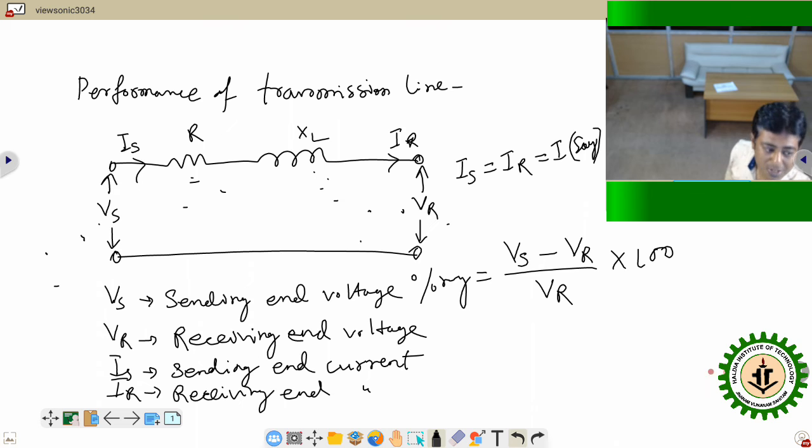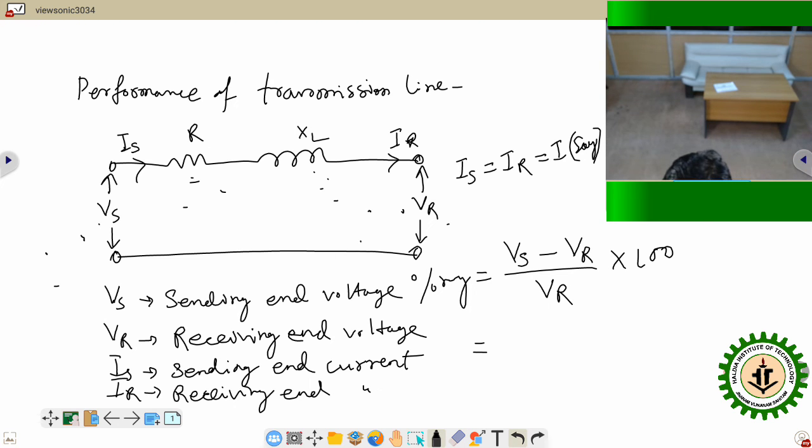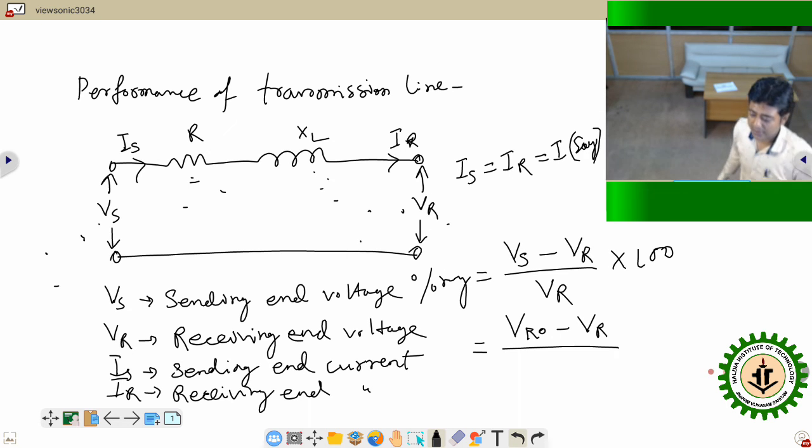Also, we can determine the regulation considering VR0 minus VR, where VR0 is the receiving end no load voltage and VR is the receiving end voltage. You can also get the regulation this way.